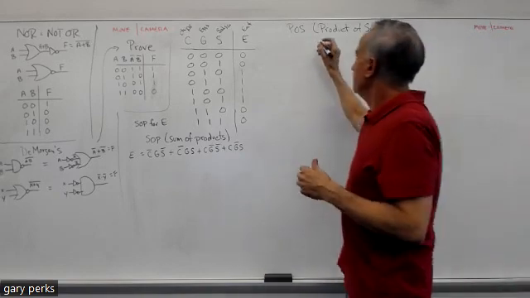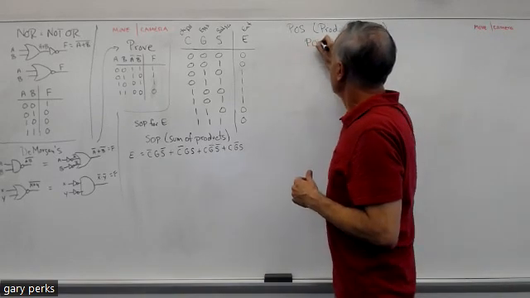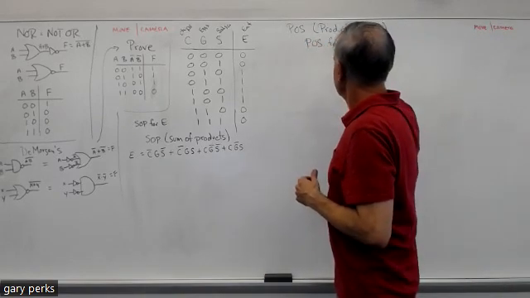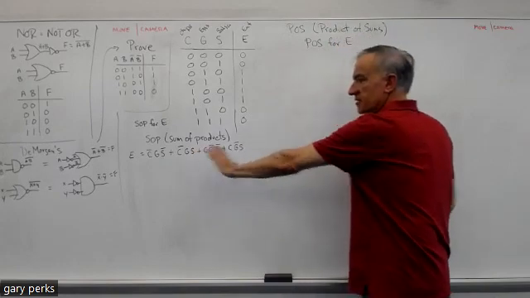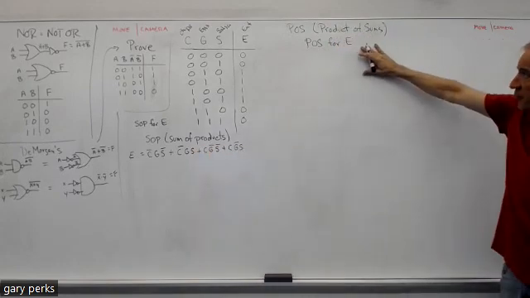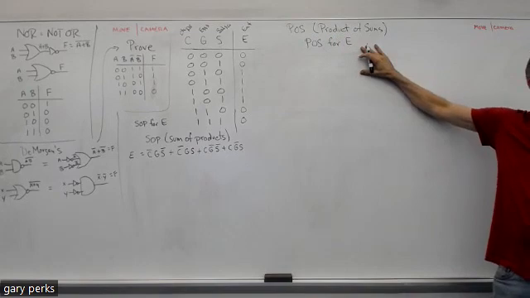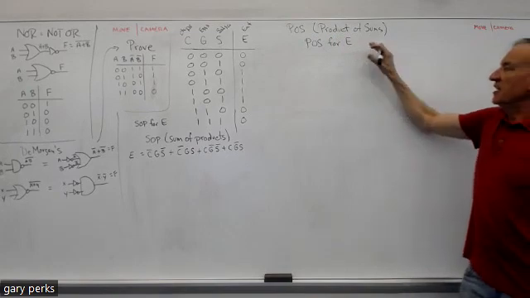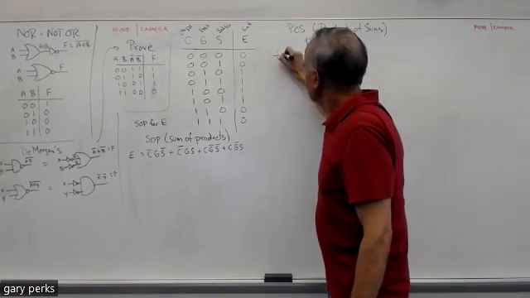So we're going to get the POS for E. Okay, I wrote E as an SOP. Now I want to write E in POS form. Okay, now this is very important.